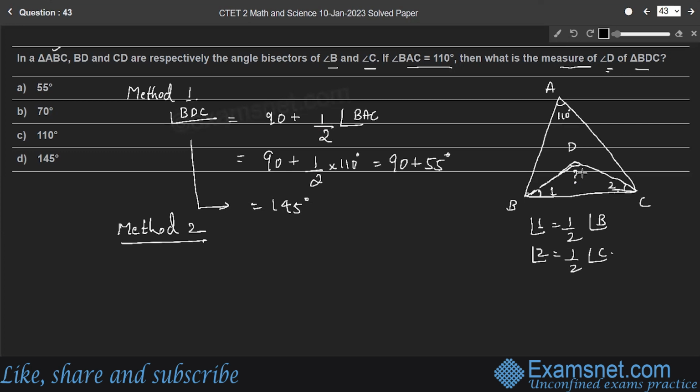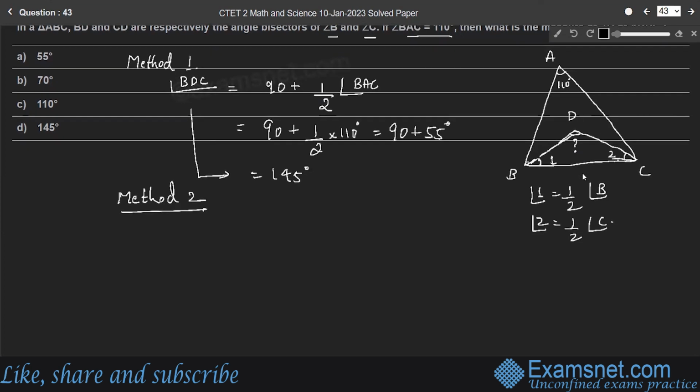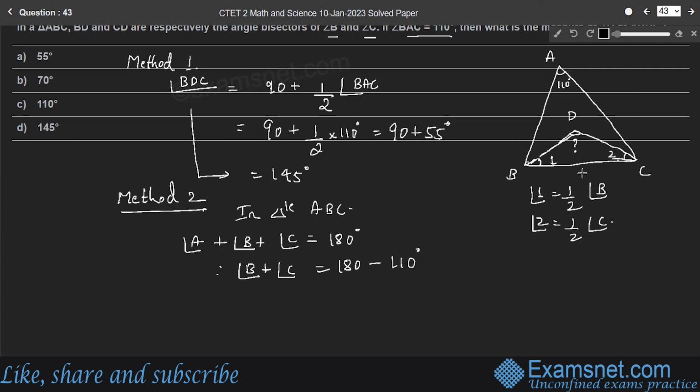Keeping this in mind, we'll consider triangle ABC. In triangle ABC, angle A plus angle B plus angle C is equal to 180 degrees, the sum of three angles in a triangle. Therefore, angle B plus angle C is 180 minus angle A, which is given as 110 degrees. Therefore, it is 70 degrees.